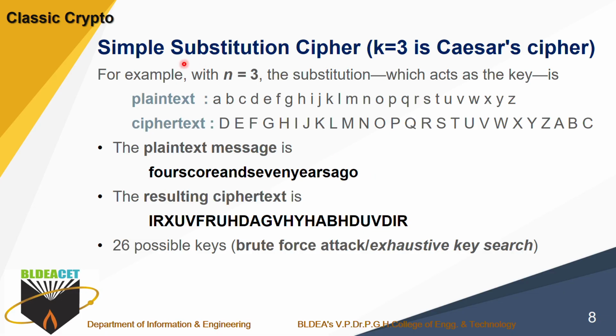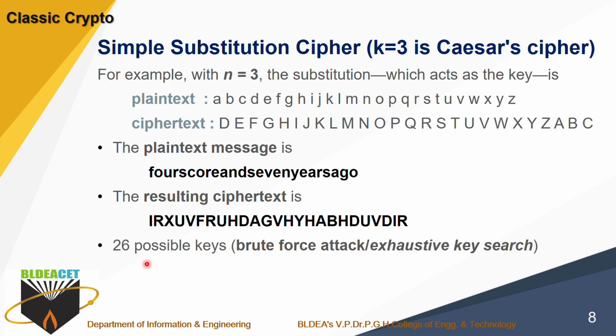Using the simple substitution cipher, you will get the resulting ciphertext. So now what does I mean? In the place of F, with 3 substitution, you have to consider the third letter after F: G, H, I. So in the place of F, you substitute I here. In this way, you substitute each character using the n value, which is 3 here. So this is how the simple substitution cipher works.